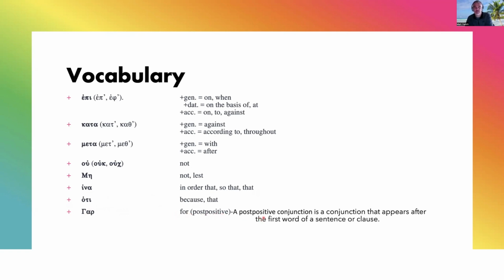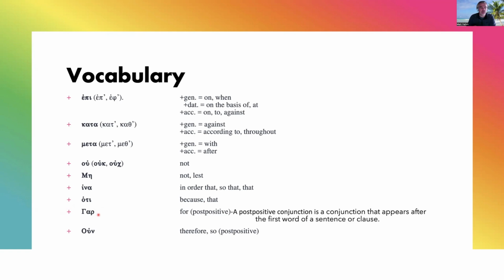So what does post-positive mean? A post-positive conjunction is a conjunction that appears after the first word of a sentence or a clause. And oun, therefore, so. And that's post-positive again. It's one of those tricky things about Greek that, at least initially, drove me crazy, but you'll see these as the second or third word in the sentence, so you've got to get used to it.